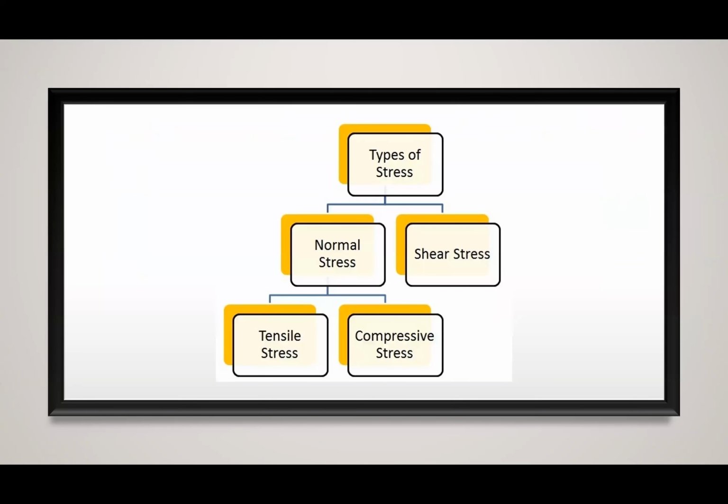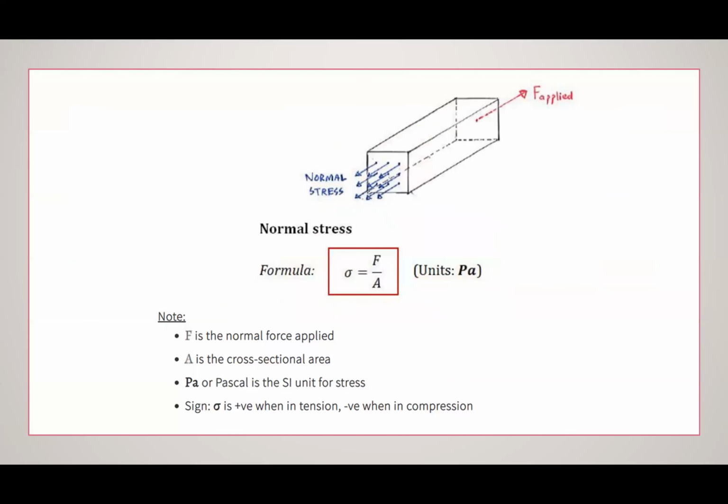There are several types of stress, mainly categorized into two forms: normal stress and shear stress. Stress is said to be normal stress when the direction of the deformation force is perpendicular to the cross-sectional area of the body.